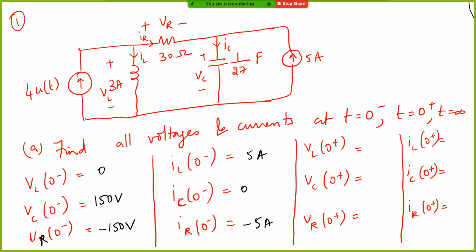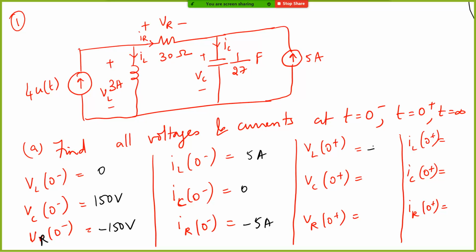So how about the voltages? IR of 0 plus is minus 1 amps.